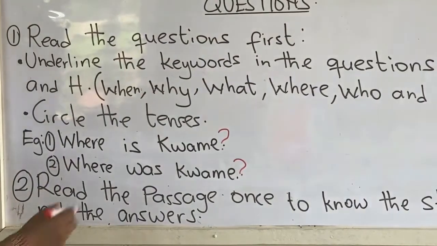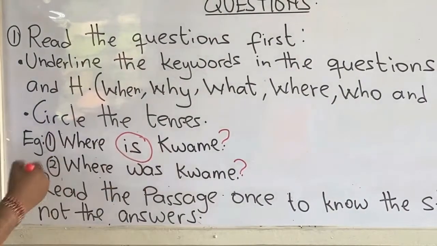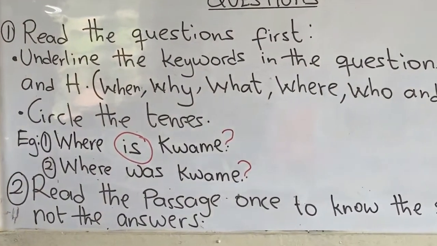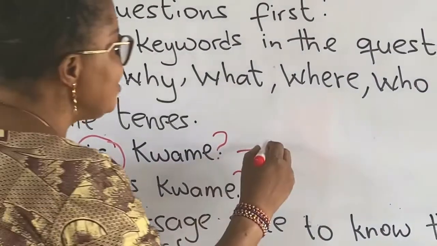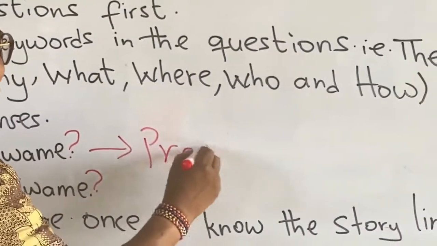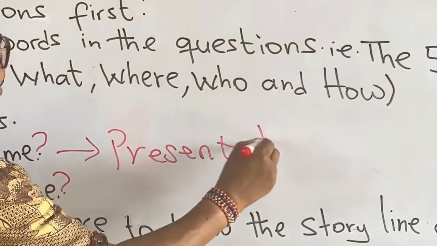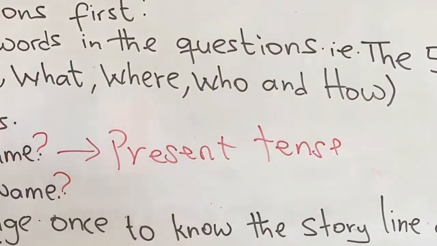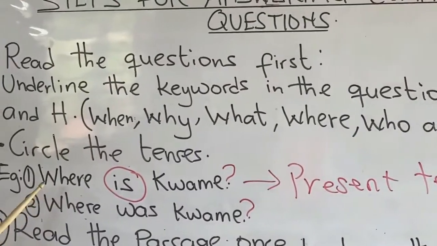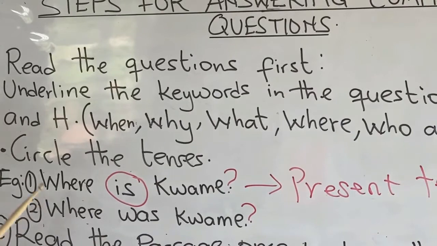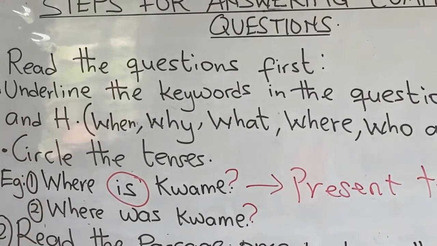The verb here is "is". The tense is the present tense. So when we're answering this question, the answer should be in the present tense.